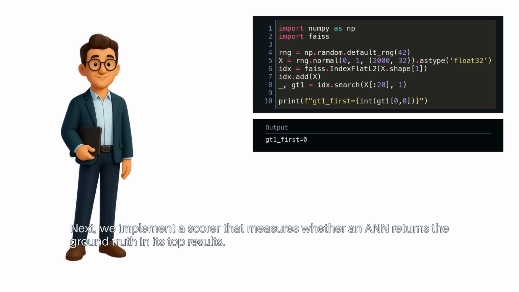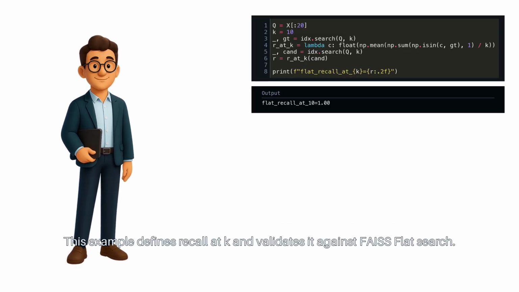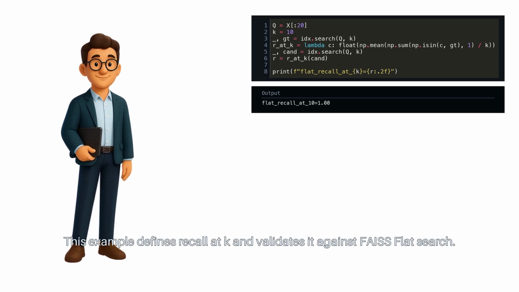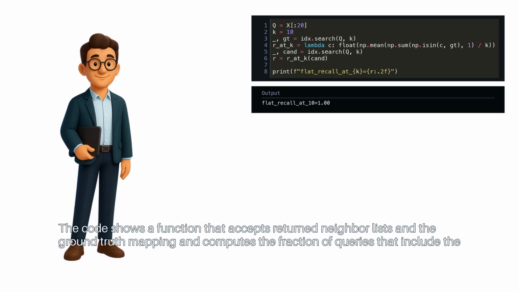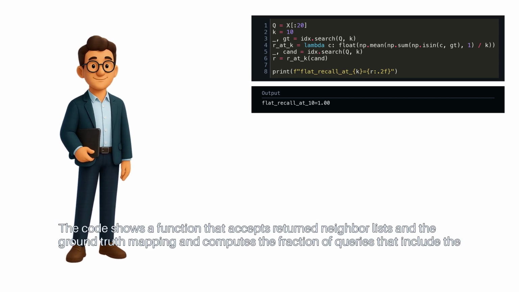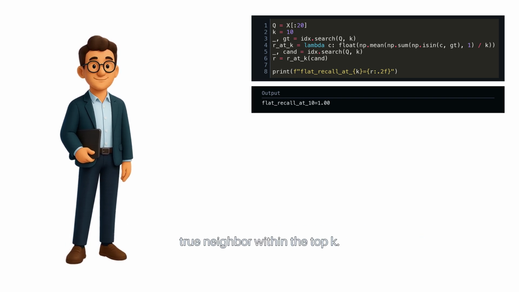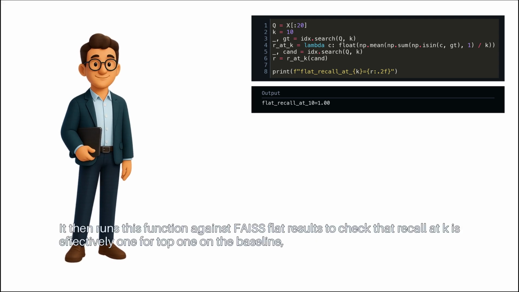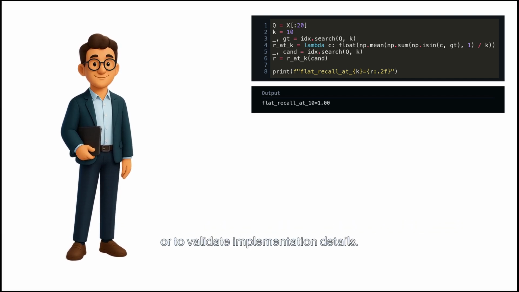Next, we implement a scorer that measures whether an ANN returns the ground truth in its top results. This example defines recall at K and validates it against FAISS Flat search. The code shows a function that accepts returned neighbor lists and the ground truth mapping, and computes the fraction of queries that include the true neighbor within the top K. It then runs this function against FAISS Flat results to check that recall at K is effectively 1 for top 1 on the baseline, or to validate implementation details.